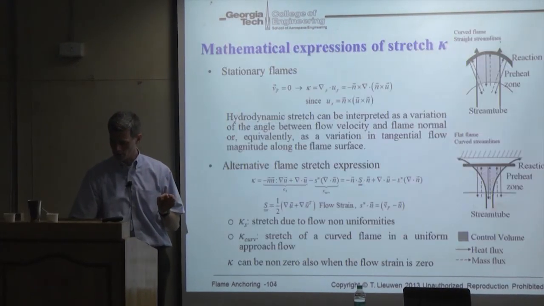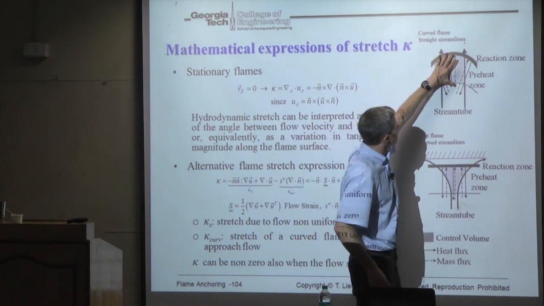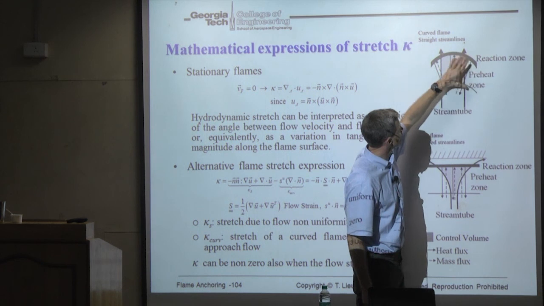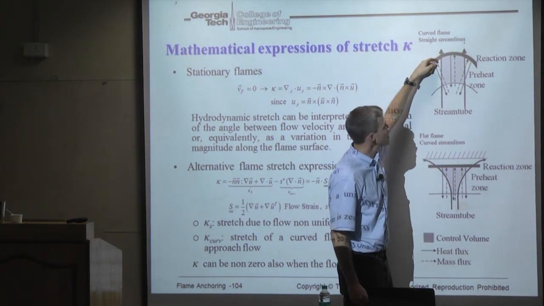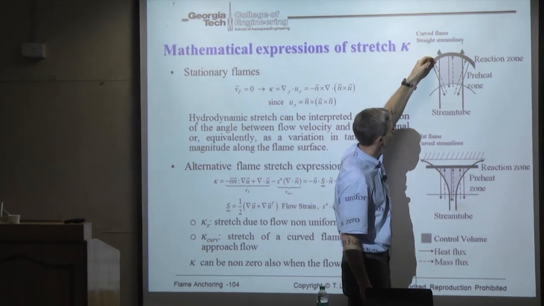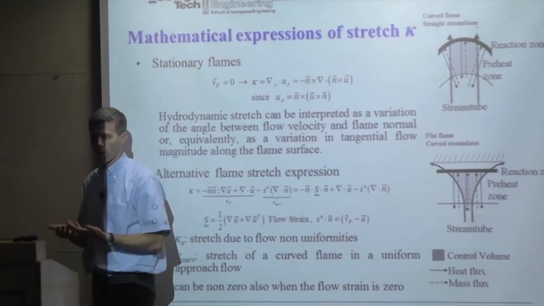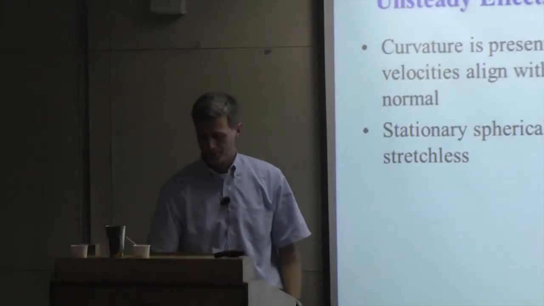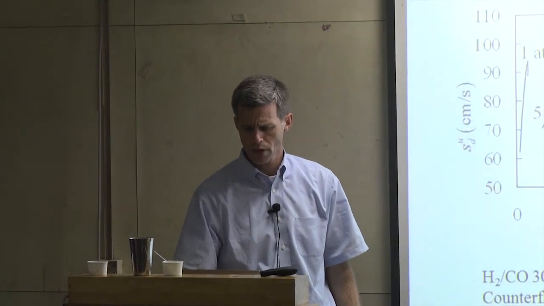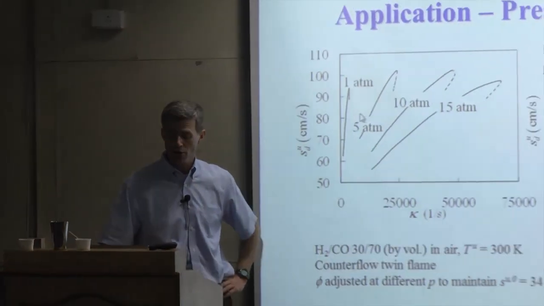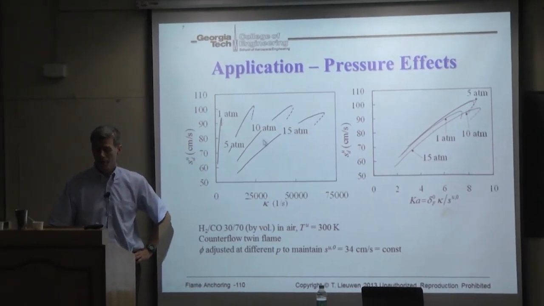If you think about this picture here, for a given value of curvature, as this flame gets thinner, the effect of the misalignment of the convective and diffusive fluxes is going to get smaller and smaller. And so the dimensional sensitivity of the flame to stretch is dropping as you go up in pressure.